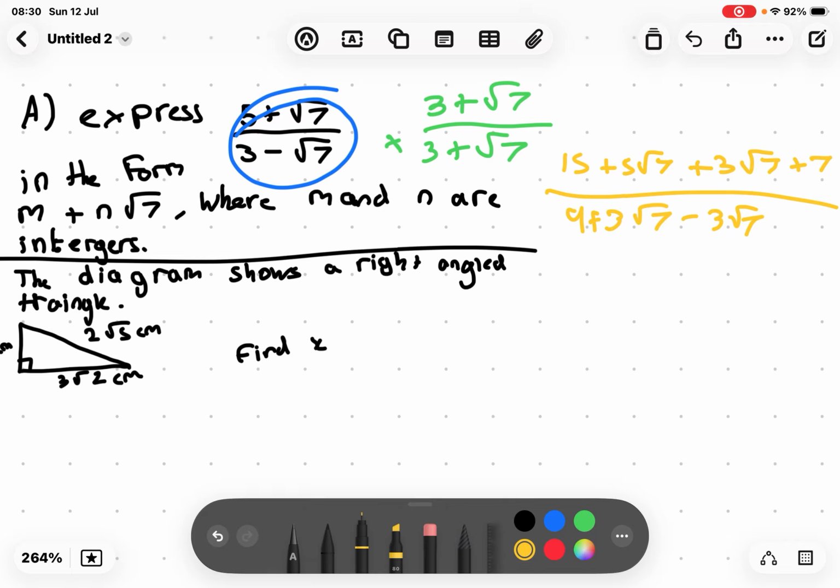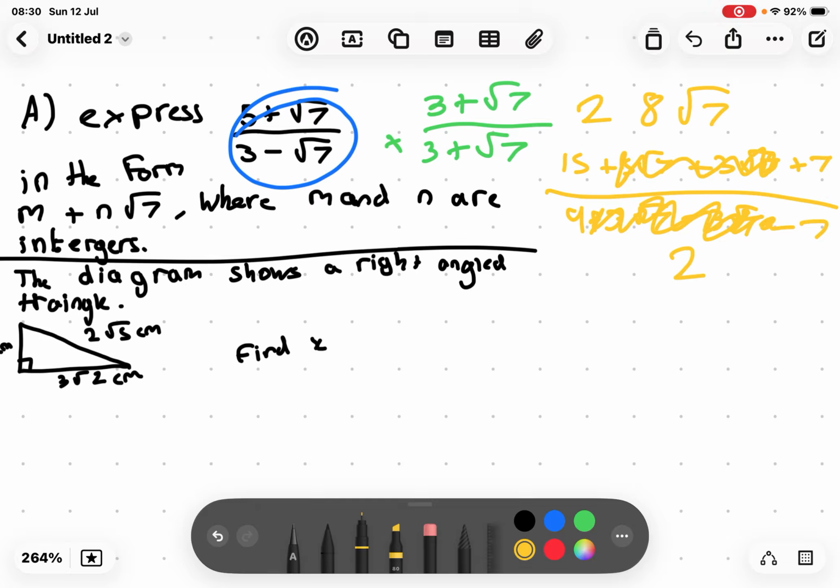Then negative 7, basically negative 7. These cancel out. And we have 2 left here. And over here we get 8 root 7.